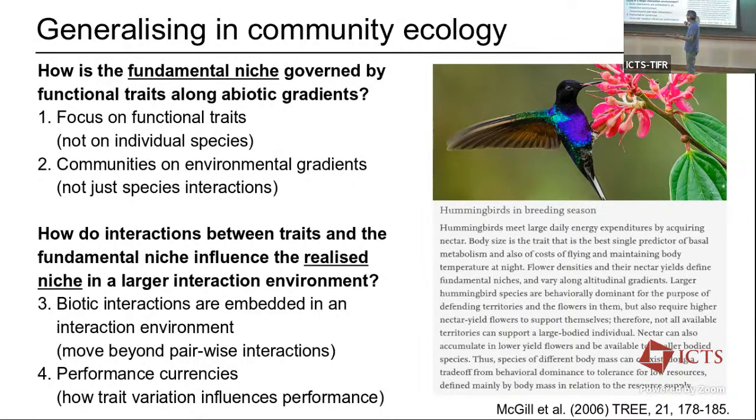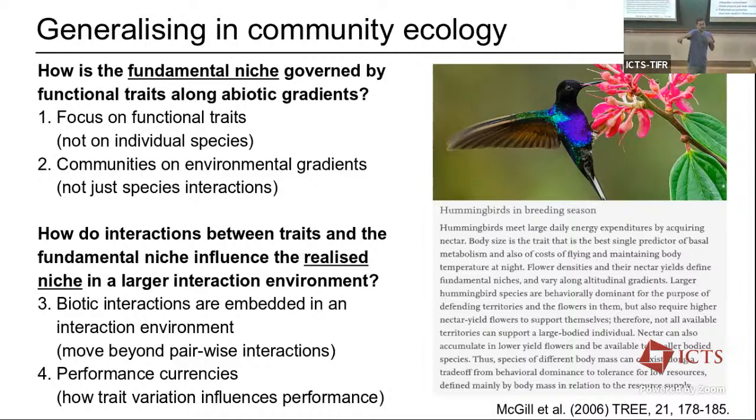And then, that's the fundamental niche, right? If I am a 6-gram insectivorous bird, then there is a certain part of the temperature gradient where I can exist. There's a certain part of the temperature gradient where I cannot exist. And then you ask, how do I start interacting with other species?